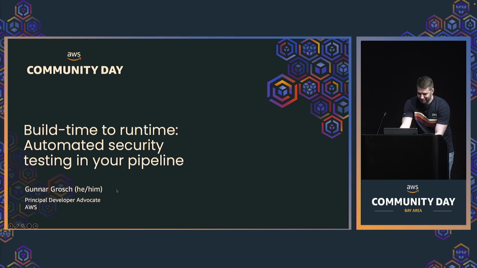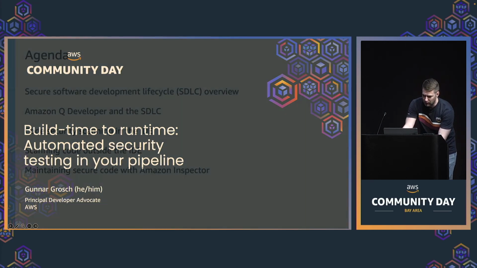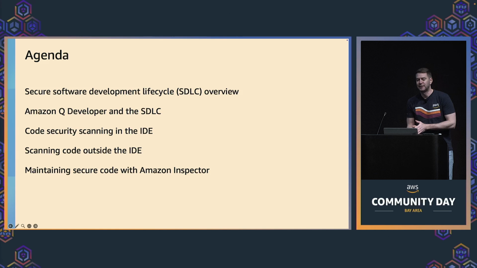And this is what we'll be going through. A bunch of things in 25 minutes. We're going to level set everyone on the software development lifecycle to begin with, and look at how we can add security into that. Then a bit about Q Developer, as I mentioned, with a bit of an overview and some of the pretty cool things from a security perspective that we can look at.